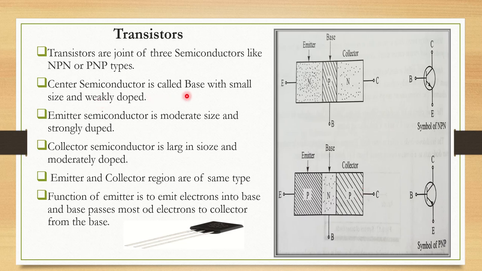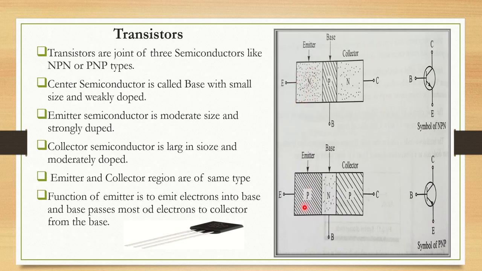The central semiconductor is called the base, with small size and weakly doped. The one in the center is called the base of the transistor. It is small in size compared to the other two and weakly doped. Impurities are less. Then this side is called the emitter. It emits electrons. The emitter semiconductor is of moderate size and strongly doped.